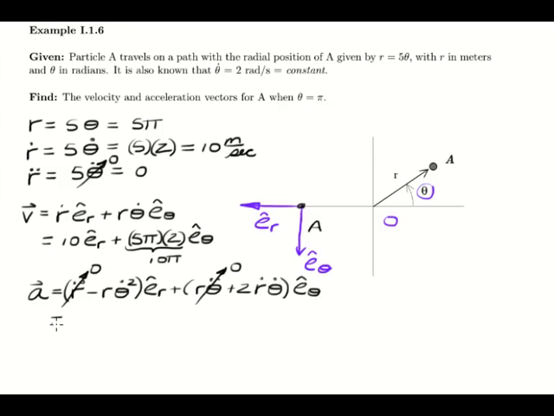So this is equal to minus 5 pi, that's r. Theta dot was 2, so that's squared. The E theta component, that's 2 times r dot was equal to 10. Theta dot is 2.